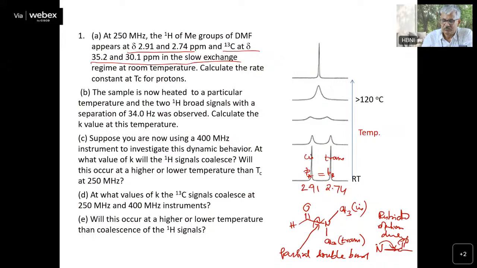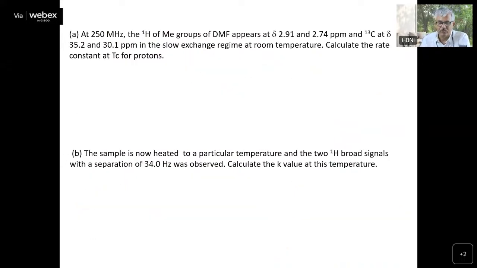And the carbon 13 for this is 30.1, and this is 35.2. Now calculate the rate constant at Tc for the protons. You have to find out the rate constant. Now, which formula will I use?